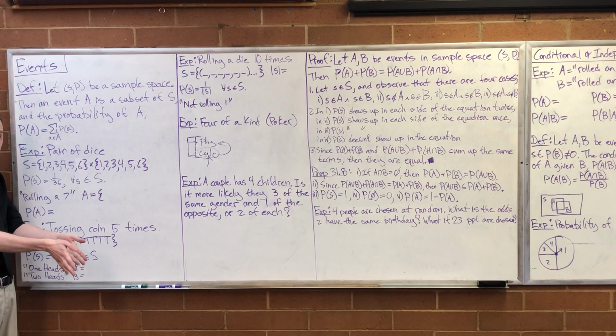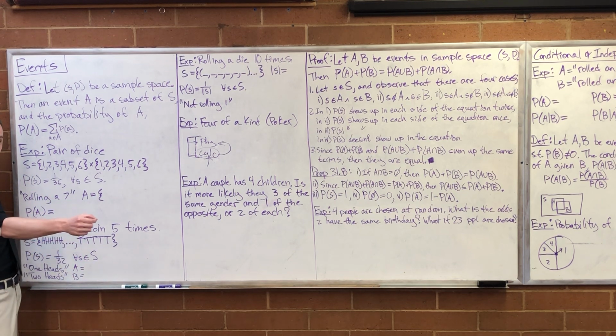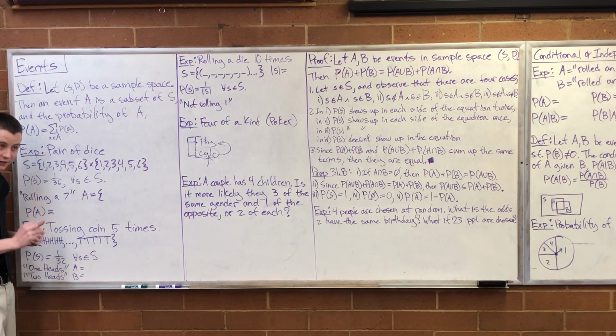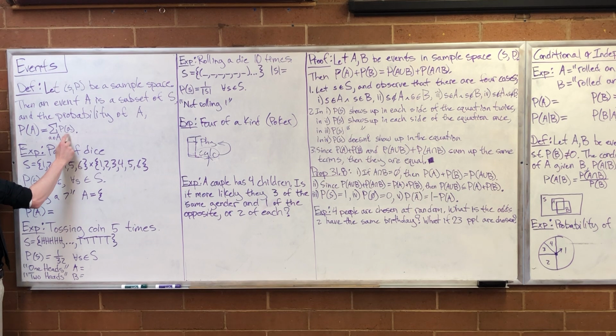The odds that I get 1, 1 is 1/36. So for any particular outcome, the odds is 1/36. And if there's 5 ways for me to roll a 6, what's the probability that I roll a 6? 5/36. What did he do? He added up 1/36 5 times. He said for each element in A, there were 5 elements in A, take the probability of that outcome and keep adding it up.